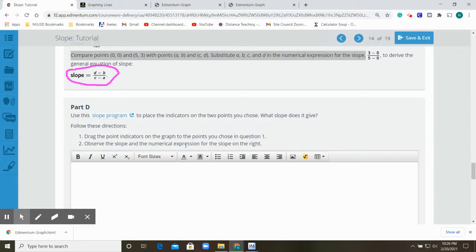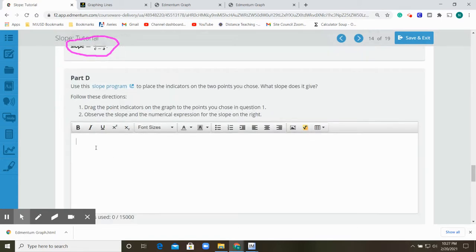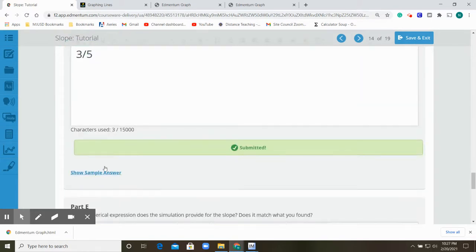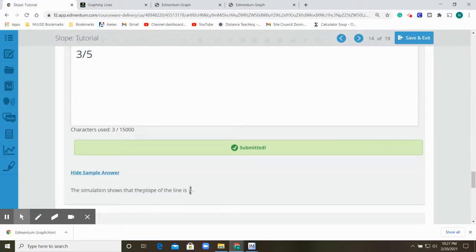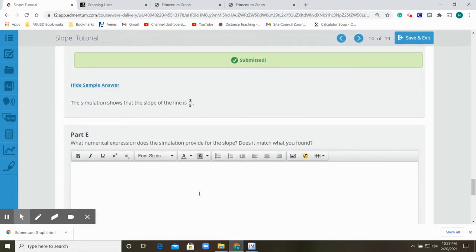Observe the slope and the numerical expression for the slope on the right. So I'm going to write in big font 3 over 5. See? The simulation shows that the slope of the line is 3 over 5.